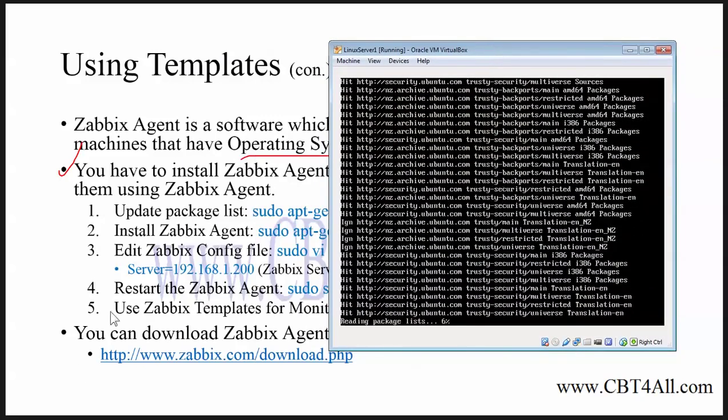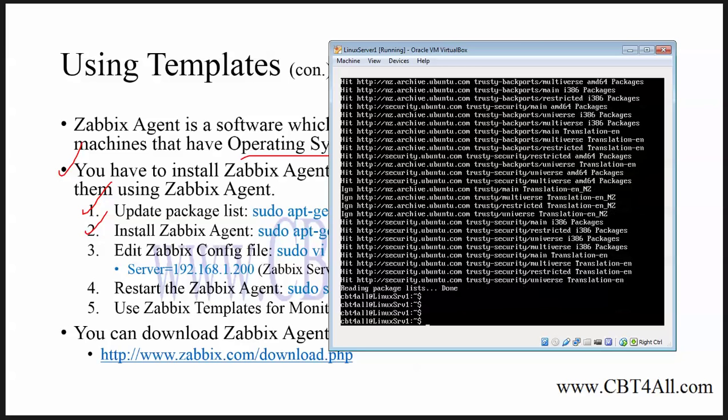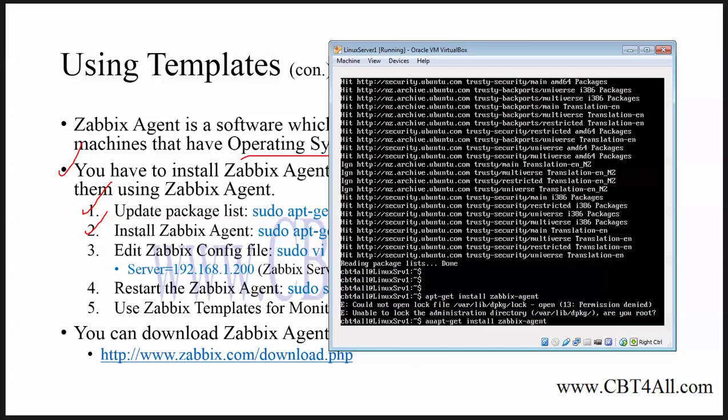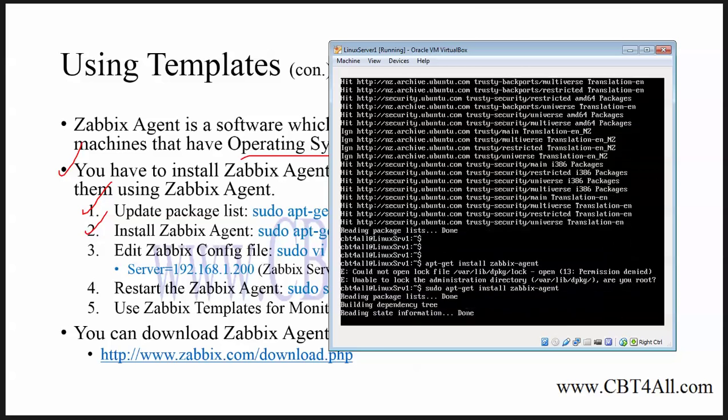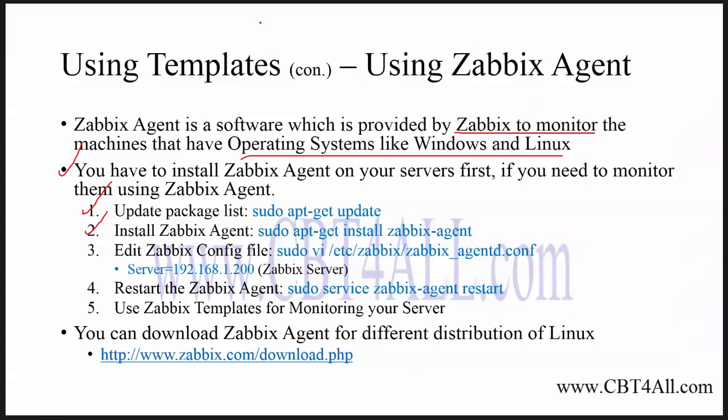This is the first command we should run to update our package list on Linux, and after that, with this command we will install the Zabbix Agent on Ubuntu Linux: sudo apt-get install zabbix-agent. Okay, it's done.